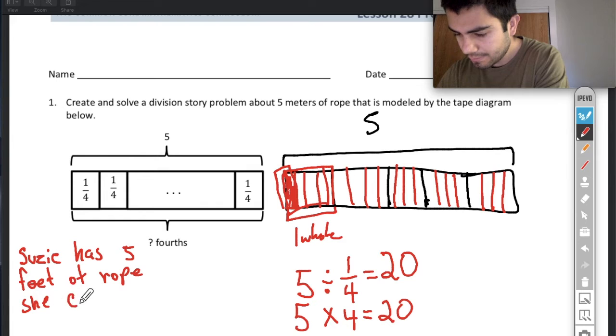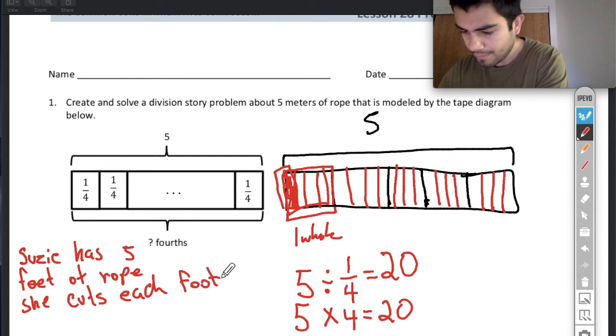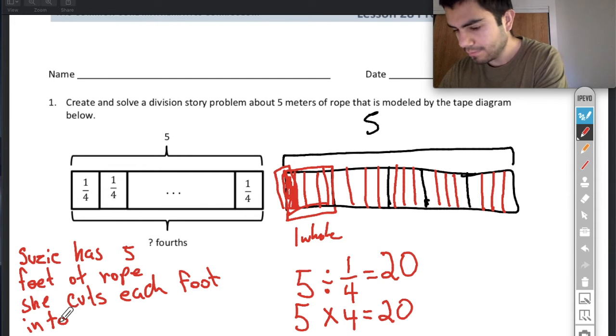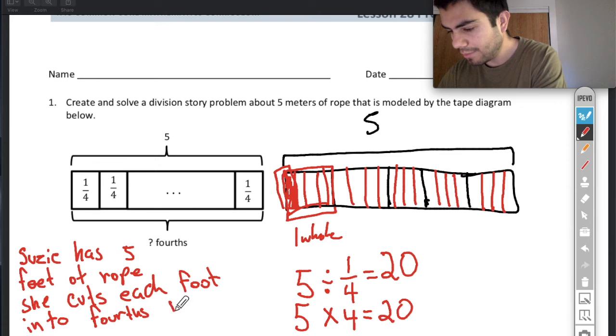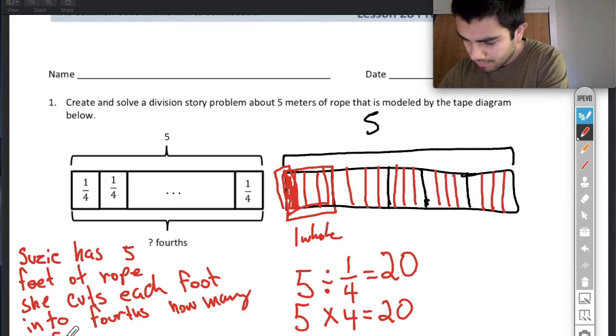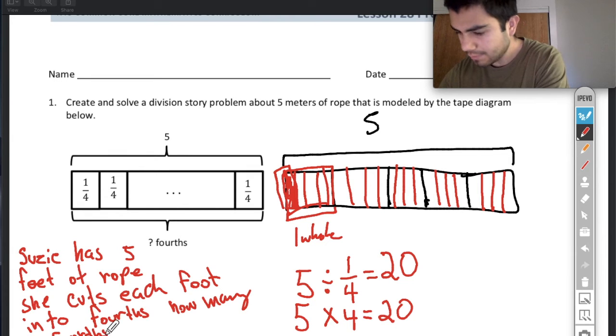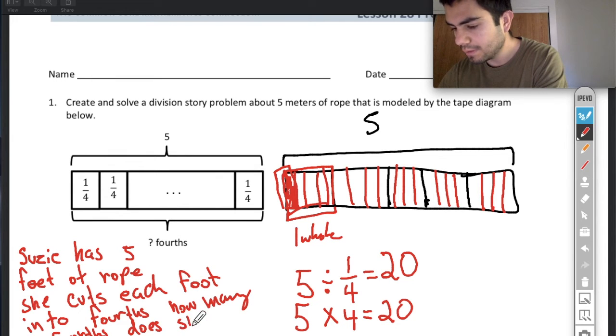She cuts each foot into 4ths. How many 4ths does she have?